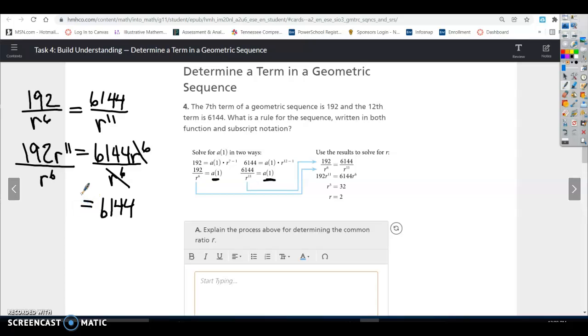All right, on this side, remember, we're going to do properties of exponents, same base. When we're subtracting from top to bottom, we subtract. Same base divide, you subtract, okay? So 11 minus 6 is r to the 5th power. All right, now we're going to divide both sides by 192.